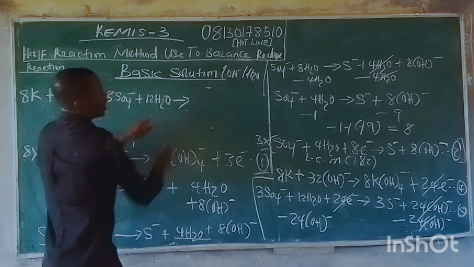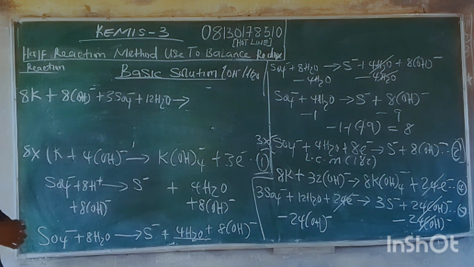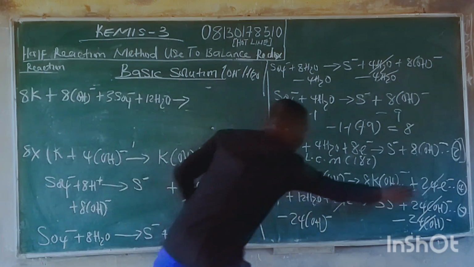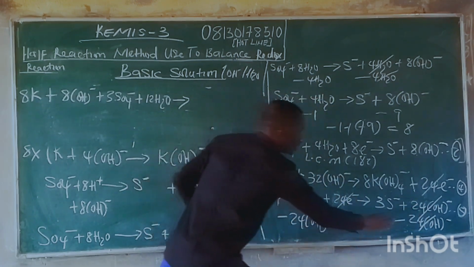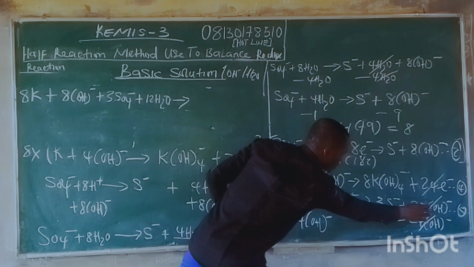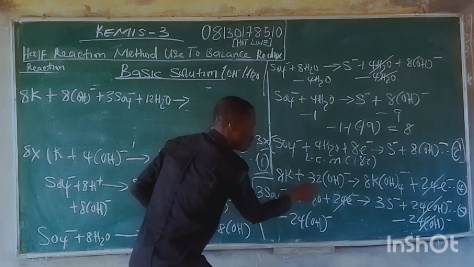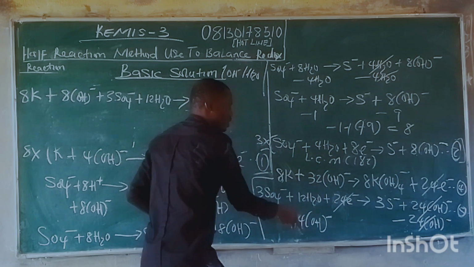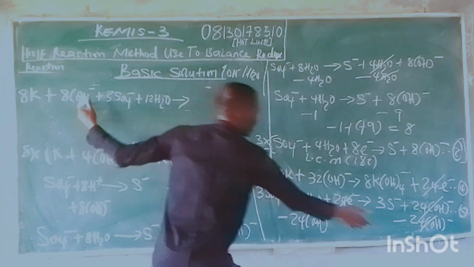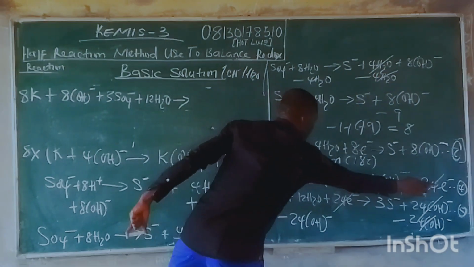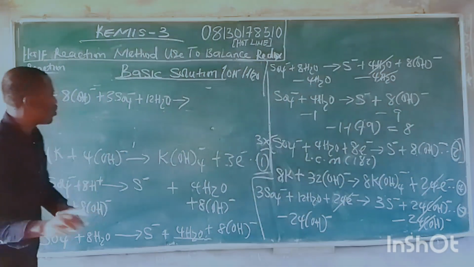So 24 electron will cancel out 24 electron. 24 hydroxyl will be subtracted 24 from here, so that this will reduce to 8. While this hydroxyl will die, these electrons will die. You get that point?